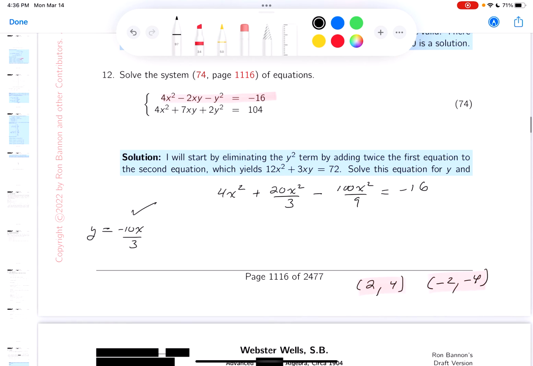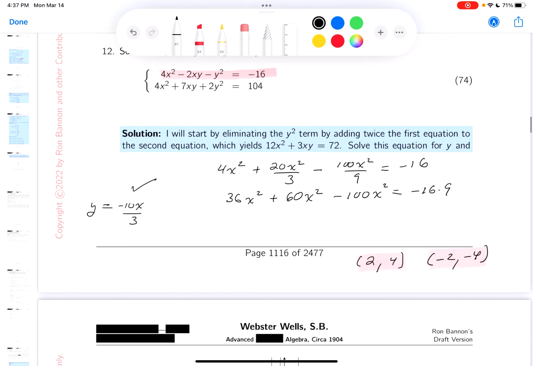I'm going to multiply both sides by 9. You're going to get 36x squared plus 60x squared minus 100x squared. Well, let's see what you get there. I'm actually not going to do it. I'm just going to write down minus 16 times 9. There's a reason for that, by the way. We'll get to it in a second. So what do you get over here? Well, you're going to get minus, let's see, that's 96.